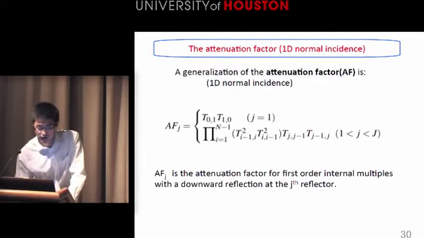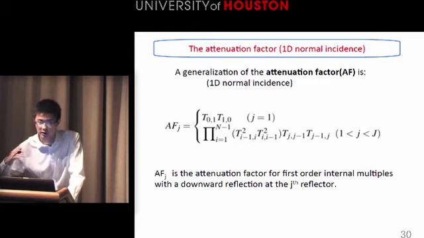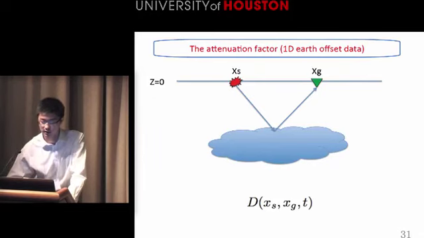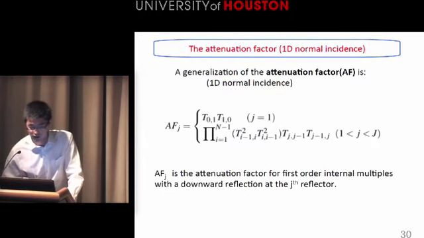Here AFJ is the attenuation factor for internal multiples generated at the Jth reflector. And we can say when the internal multiples are generated at a deeper reflector, the attenuation factor contains more transmission coefficients.